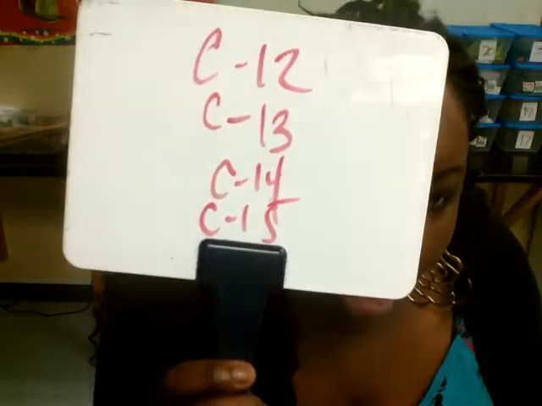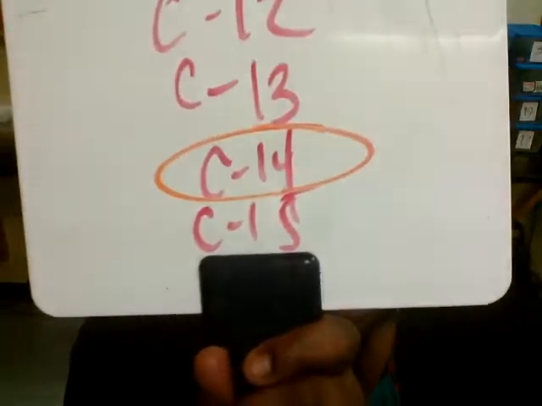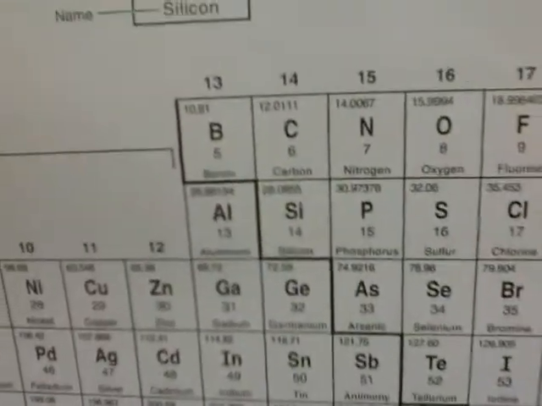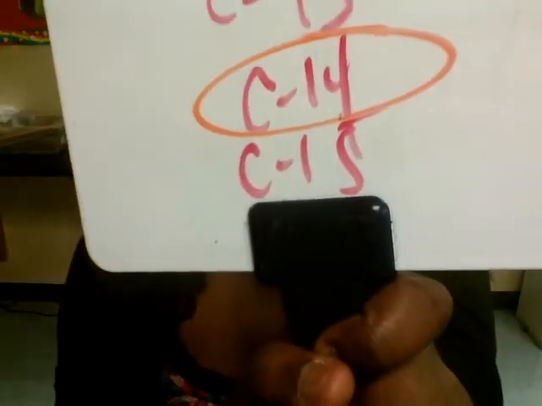So let's just look at carbon 14. Carbon 14 is carbon. So it has to have how many protons? How many? Good. It has to have 6. But if its mass number is 14, 14 is 6 plus what number?